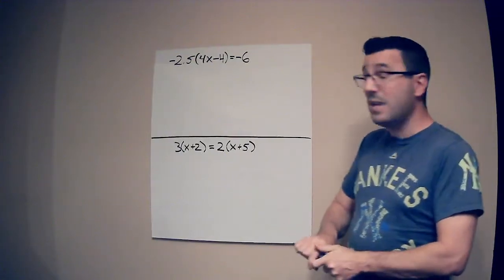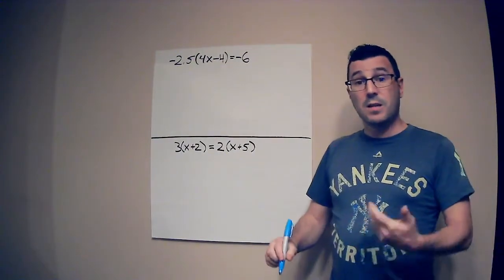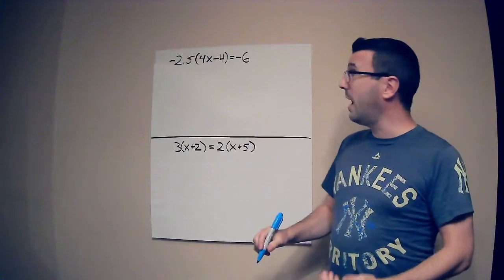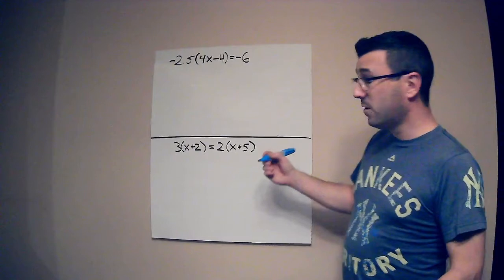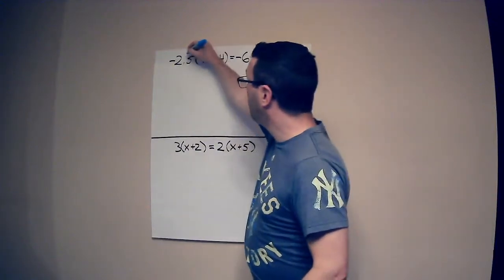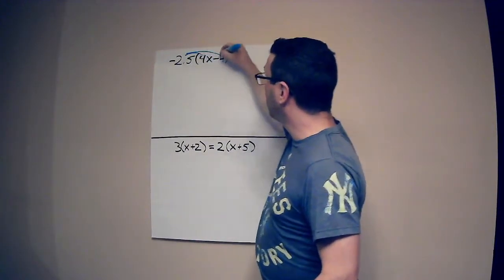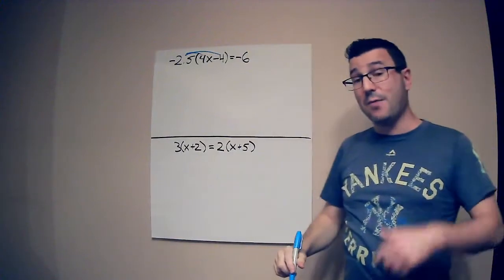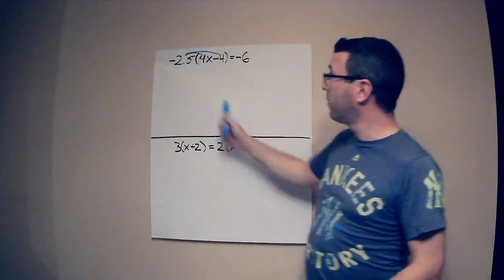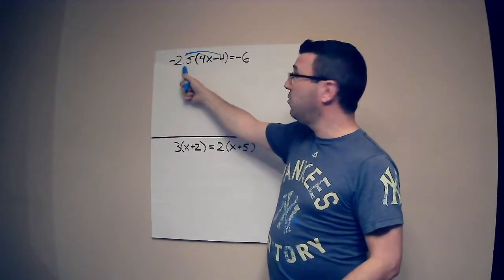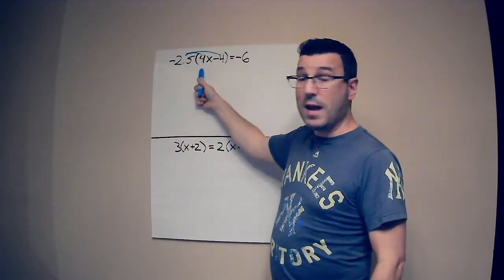So I have here negative 2.5 times the quantity 4x minus 4 equals a negative 6. So a couple of negatives in there. We're going to distribute, because we have distributive property. I have a number multiplying terms that are in a parentheses. So I have negative 2.5 times a positive 4x.